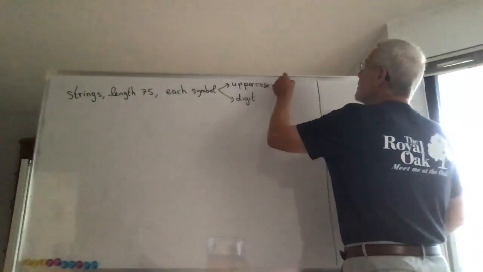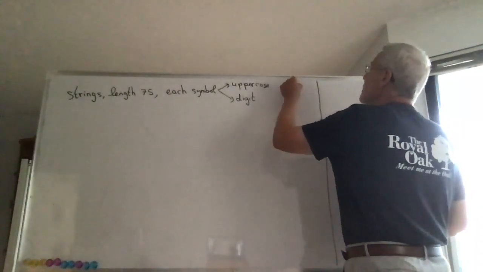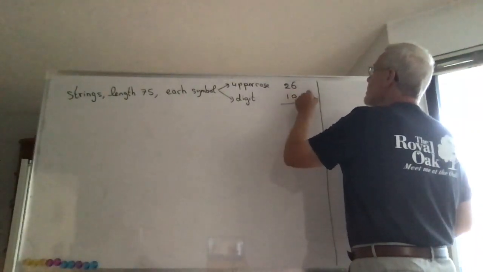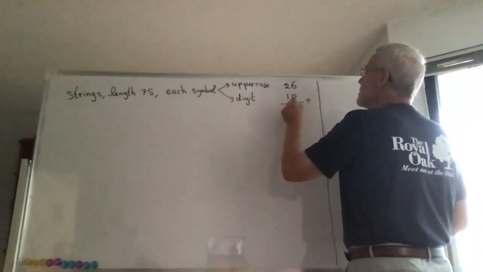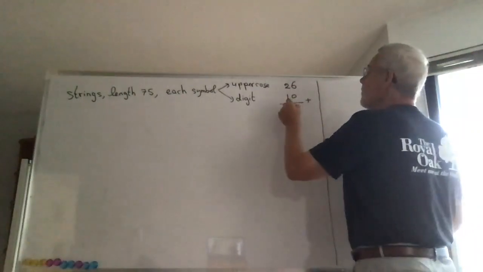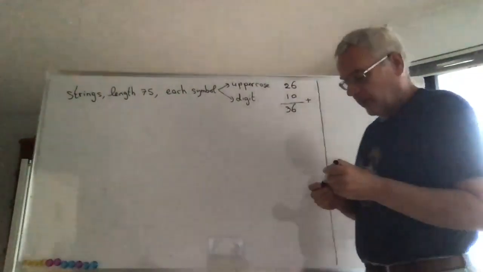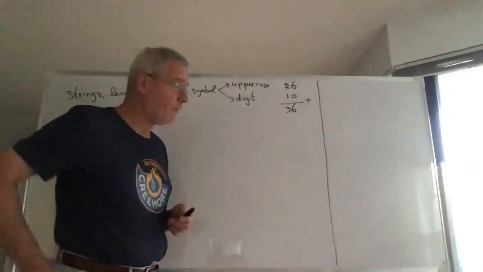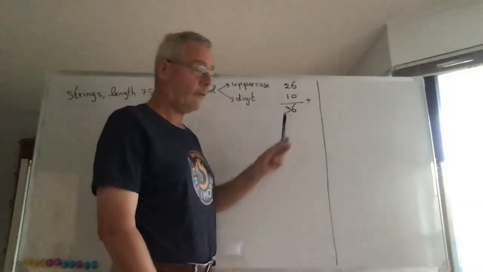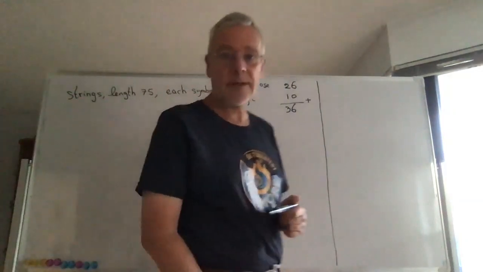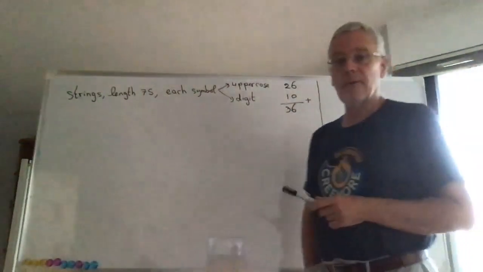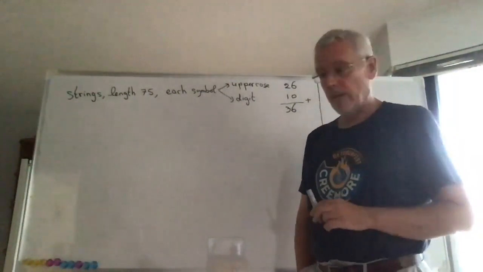There are 26 uppercase letters and 10 digits, so there are 36 choices for the first symbol. Once we have chosen the first symbol, we choose the second one. Again, there are 36 choices, and that doesn't depend on which symbol we chose for the first one.